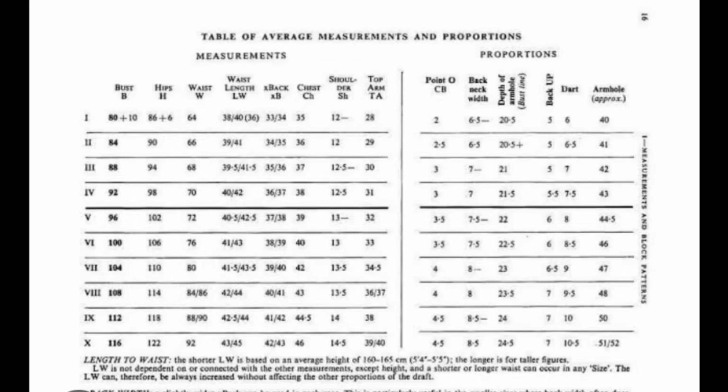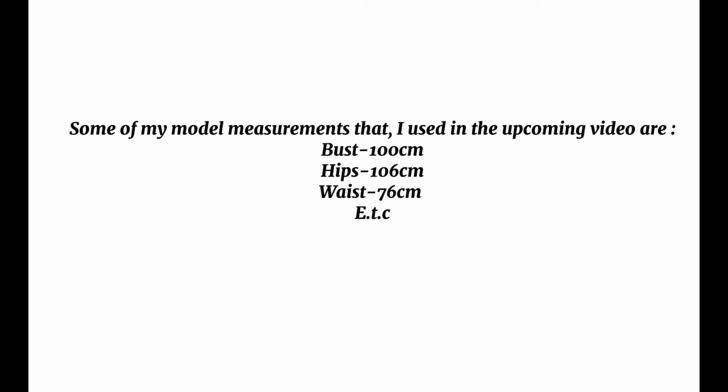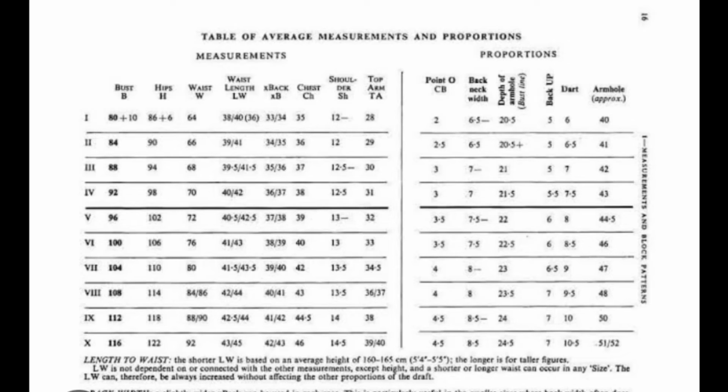Now, the secret is that the bust always determines the column we're going to use. So on my model's bust, we got 100, and on the hip, we got 106. So we go to the table and locate where we have 100 on that bust.